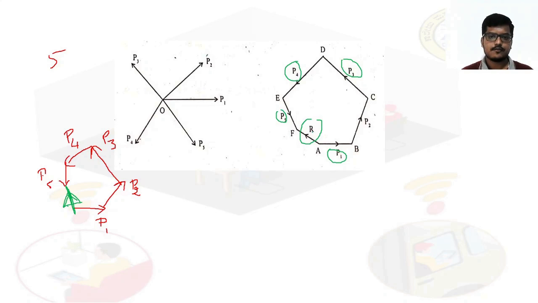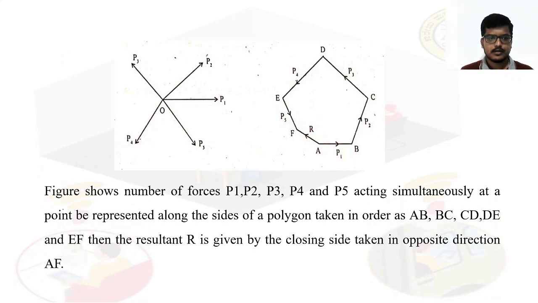In the parallelogram law of forces, the diagonal of the parallelogram gives the resultant value. Here in the polygon law of forces, the closing side of the polygon gives the resultant value of the forces, right? The figure shows a number of forces P1, P2, P3, P4, P5 acting simultaneously at a point, represented along the sides of a polygon taken in order, that is AB, BC, CD, DE and EF.